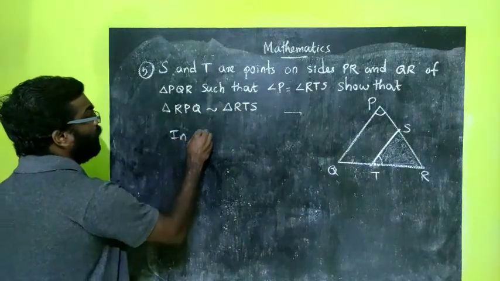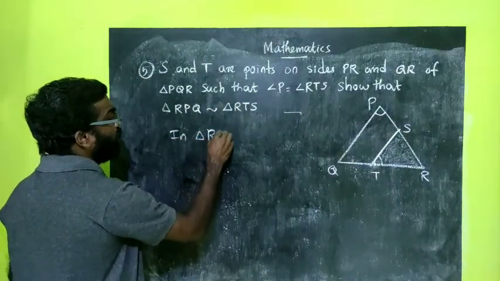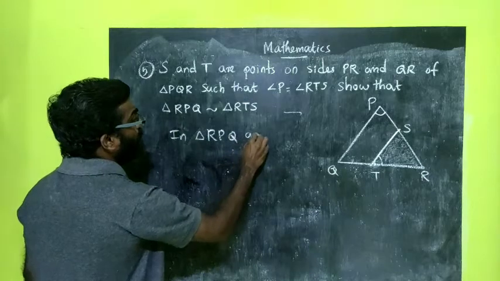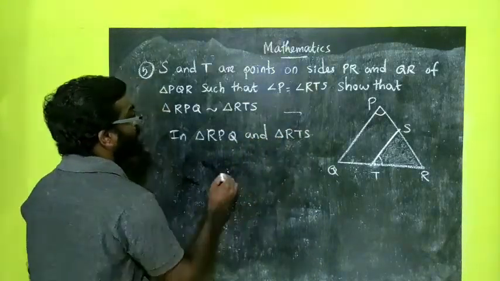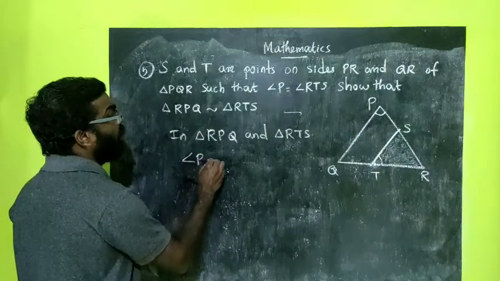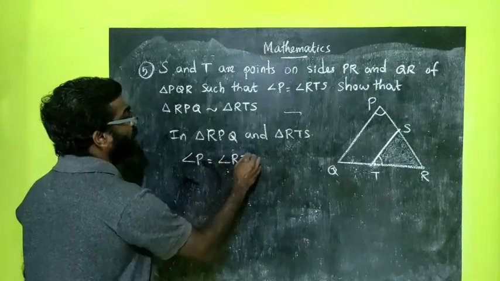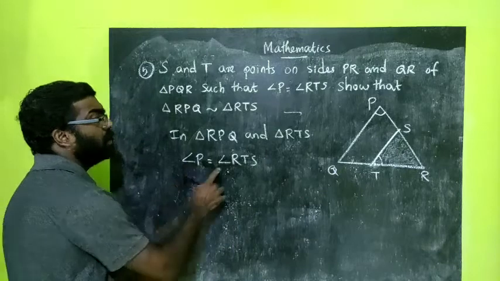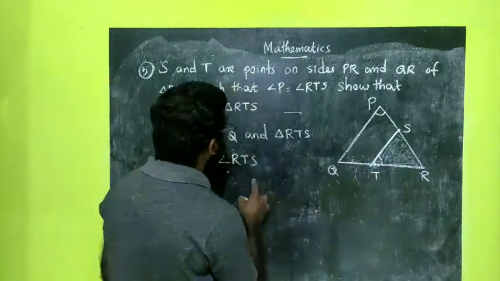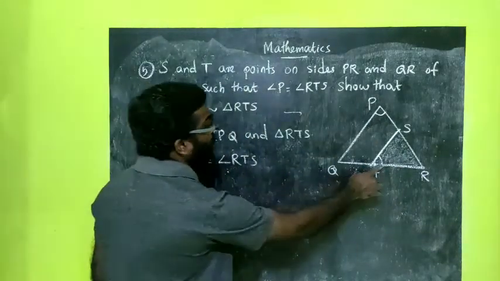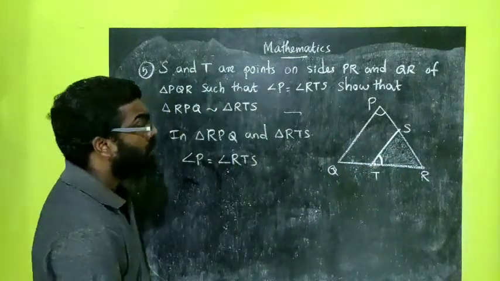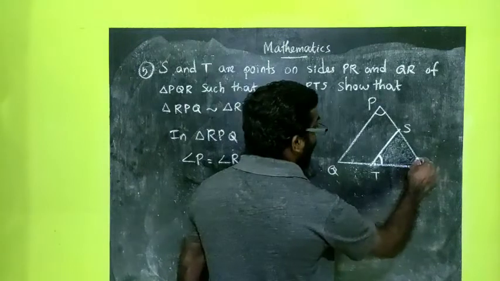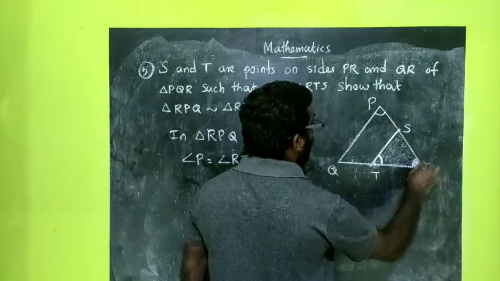So in triangle RPQ and triangle RTS, it is given that angle P equal to angle RTS. Clearly angle P is the angle of the large triangle and angle RTS is the angle of the smaller triangle. Now angle R. What about angle R?